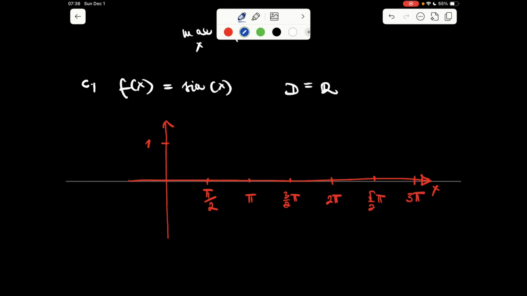Three pi's, and we start at the origin, and we have this fancy wave. I'm terrible at drawing, as you can see, and these are the maximum points.